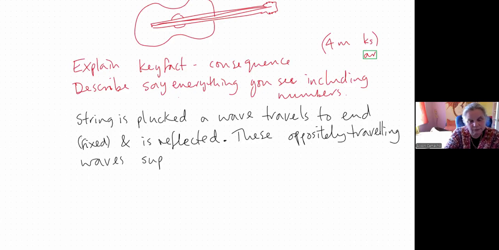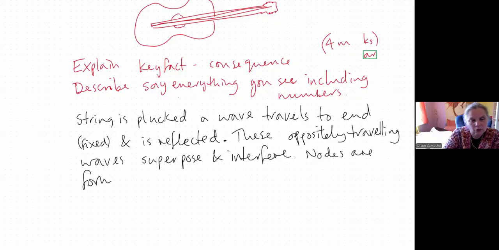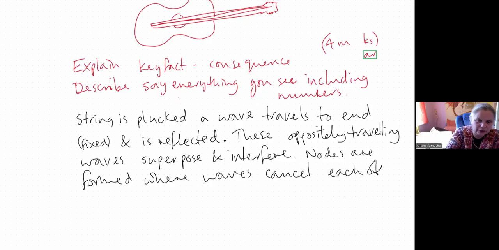These oppositely traveling waves superpose and interfere. Why not say both? Okay, and what happens? Nodes are formed where the waves cancel each other. Okay, and we talk about this as destructive interference.